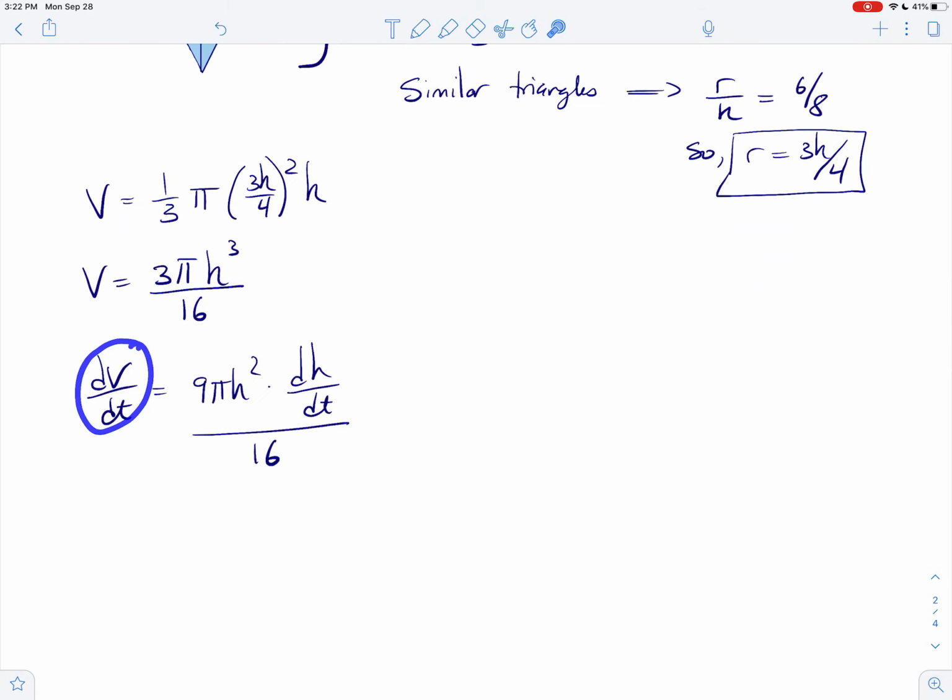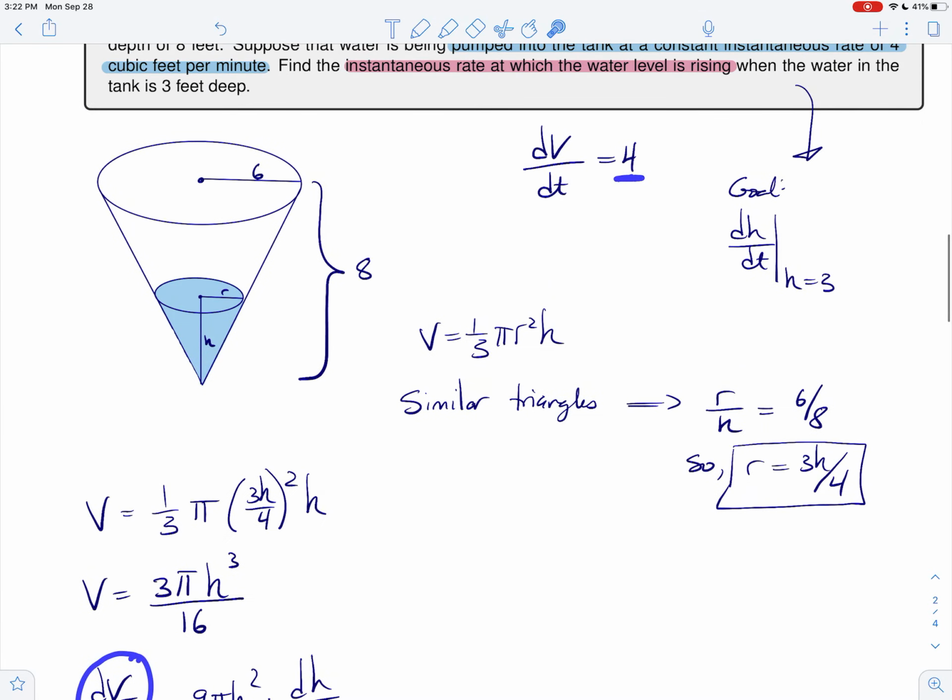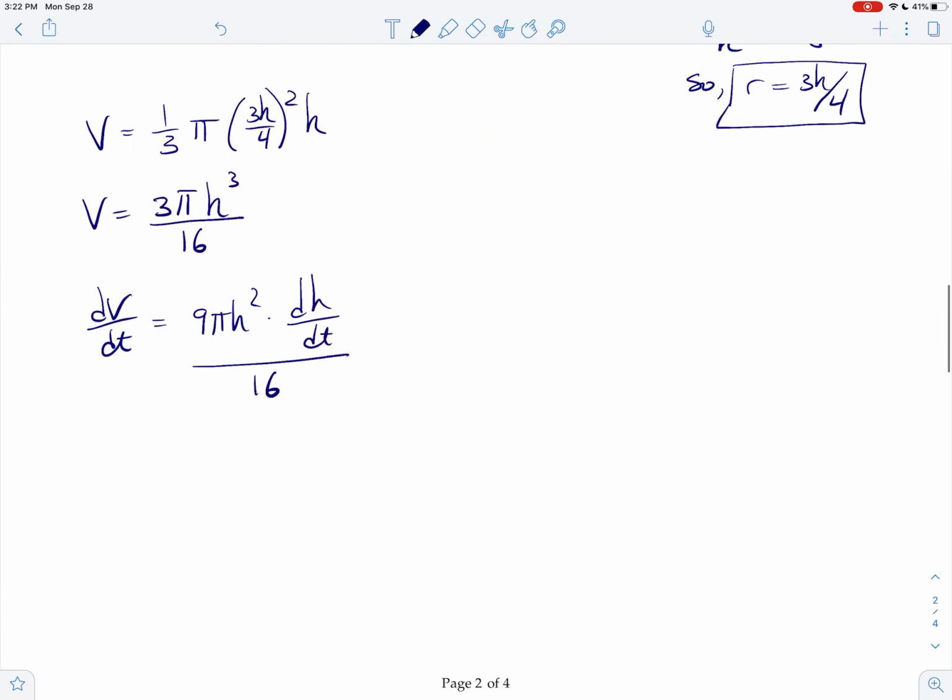I know dV/dt, we were told water's coming in at a constant rate of 4. So I'm going to move the 16 over. This is just 4, so I get 64 is 9πh² dh/dt. So I get that dh/dt is 64 over 9πh².